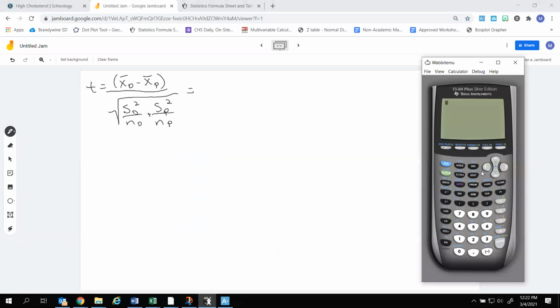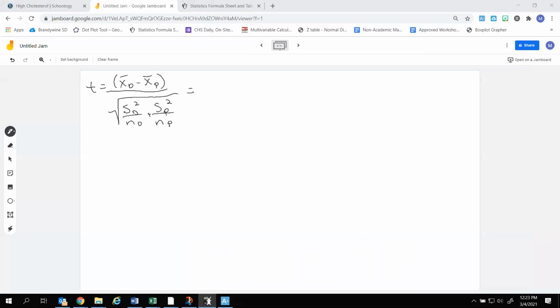And now we go to our calculator. Stat test. This is a 2-sample t-test. We actually have the data in there already. List 1, list 2. I want to see if our list 1 is greater, so I'm going to keep this the way it is. Run it. T-score of 1.62, round it off.